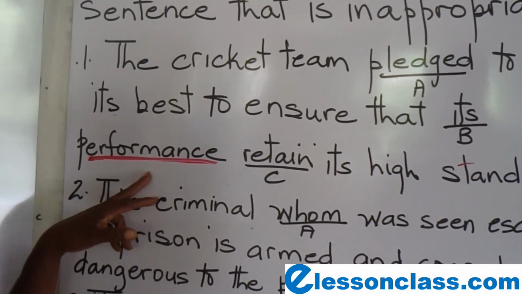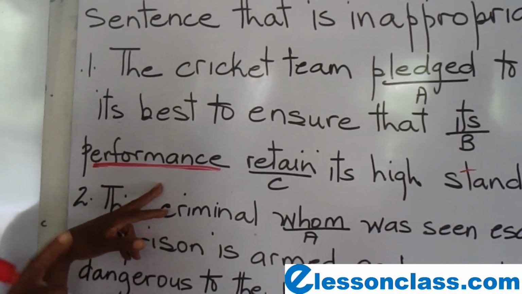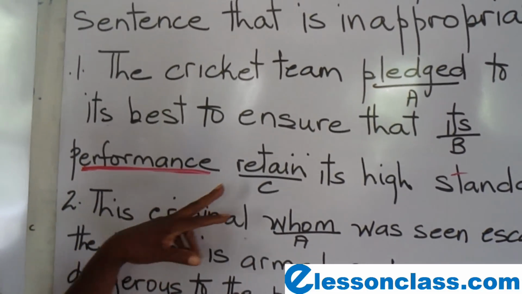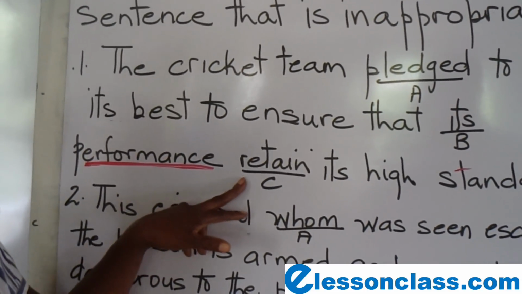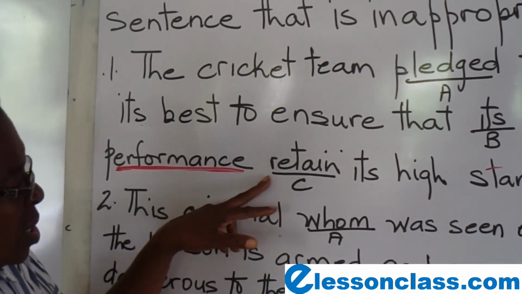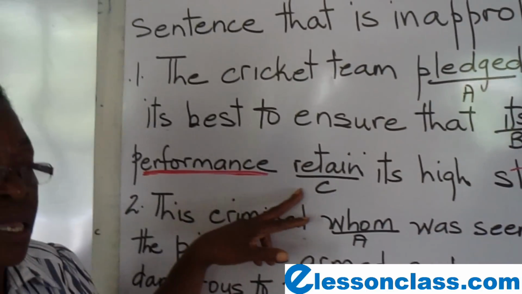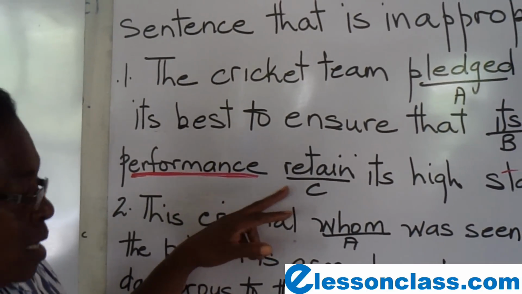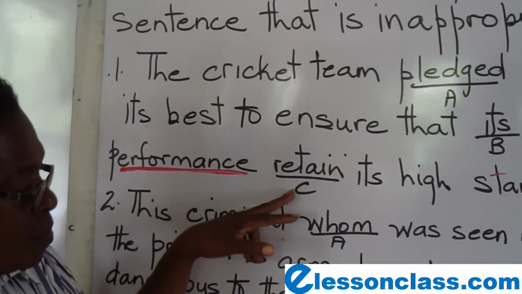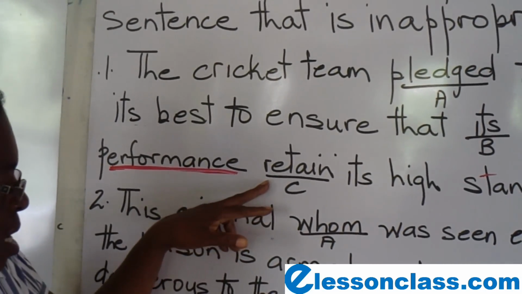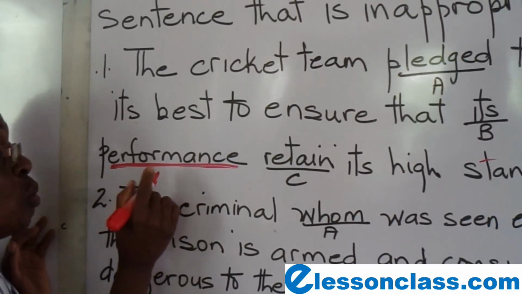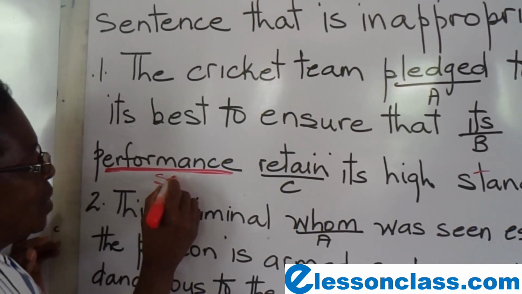If it is used to represent one thing, which means it is singular, then the verb which comes right beside it, which is referring to it, must also be singular. And if performance is plural, then the verb is going to be plural. Here we have performance being used as a singular word.